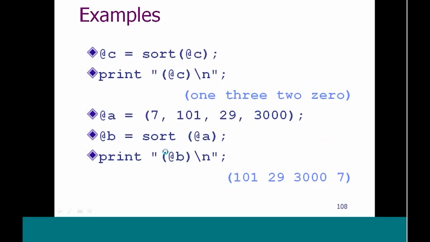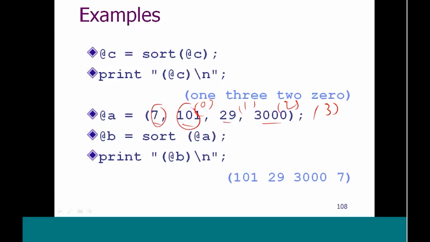So let's see what happens. Here when we do the sort, we see that this becomes 0, 1, 2, and 3. So now we have another one which has multiple numbers, all with different numbers of digits.